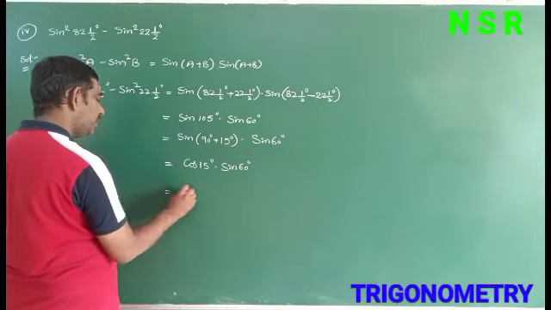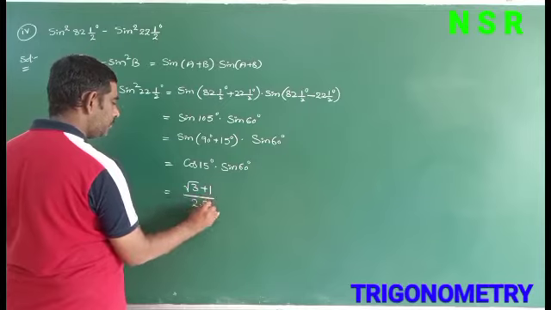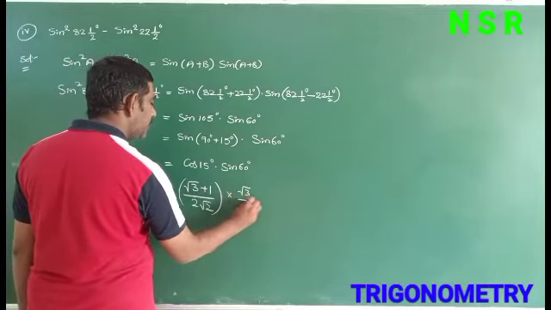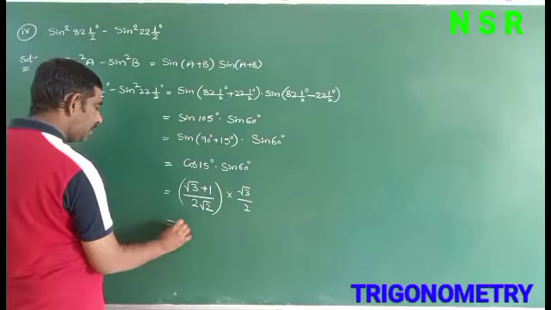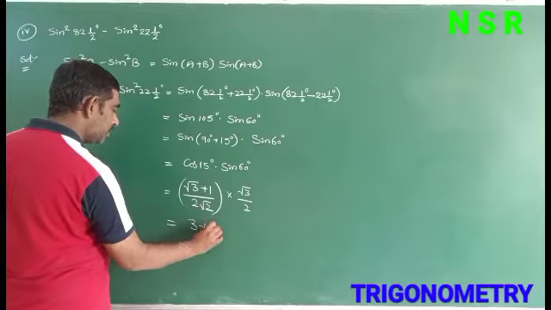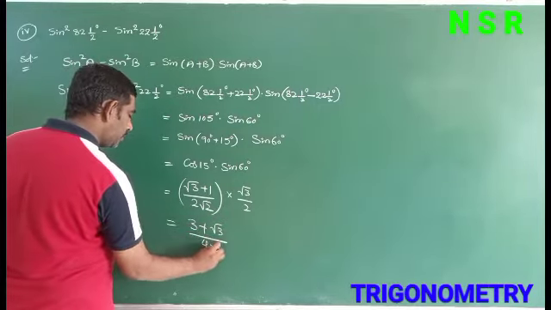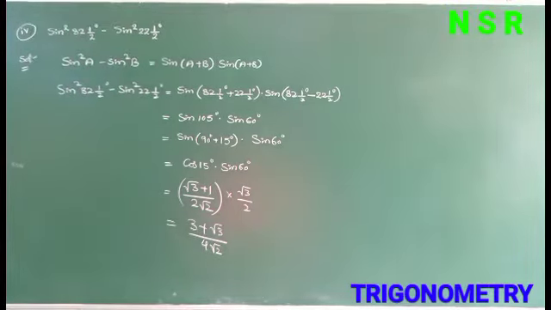The cos 15 value is (root 3 plus 1) by 2 root 2, into sin 60 value root 3 by 2. Multiplying: root 3 into root 3 is 3, plus root 3 into 1 is root 3, and 2 into 2 is 4, so 4 root 2. So sin square 82.5 degrees minus sin square 22.5 degrees is equal to (3 plus root 3) by 4 root 2.